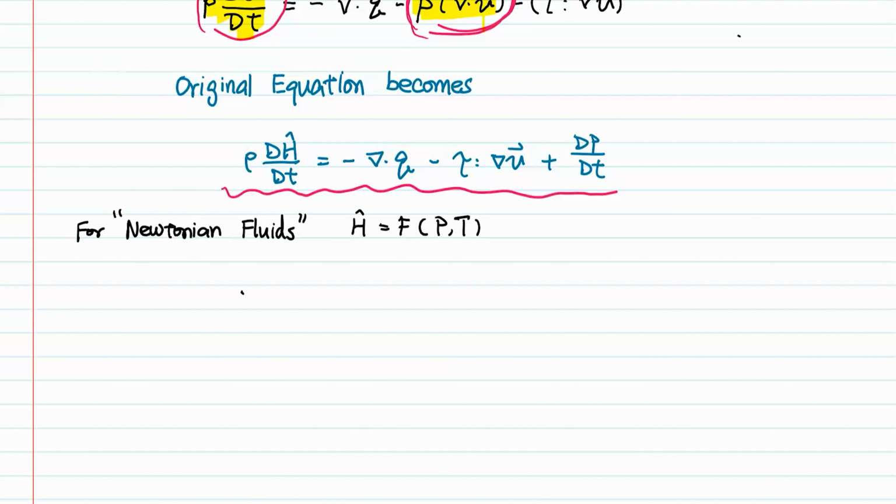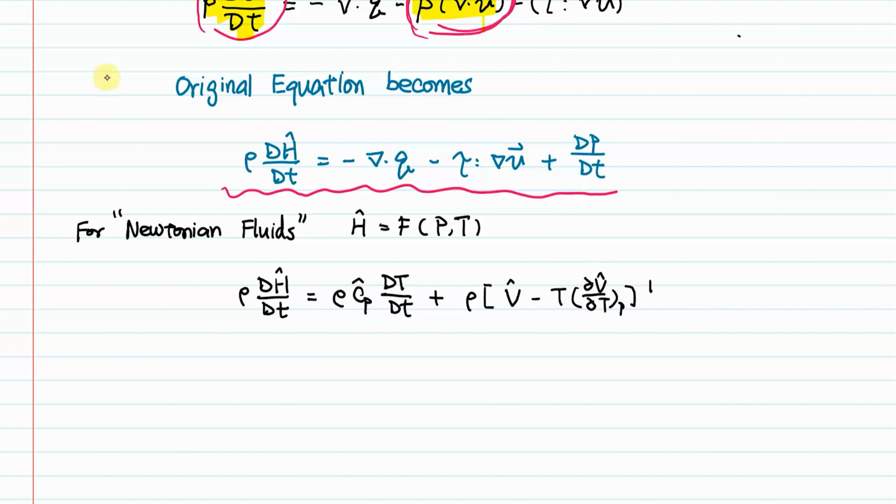So the left-hand side, rho times the substantial derivative of the enthalpy, will equal rho times the constant pressure heat capacity times the substantial derivative of temperature, plus, for the pressure dependent term, rho times the molar volume minus T partial V partial T at constant pressure, times the substantial derivative of pressure over time.